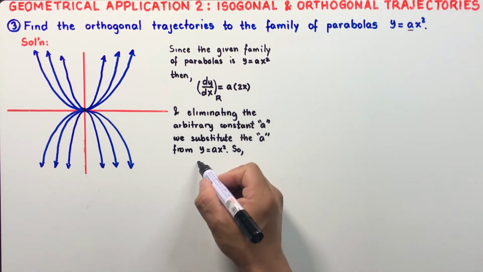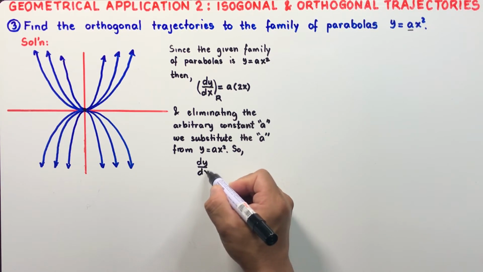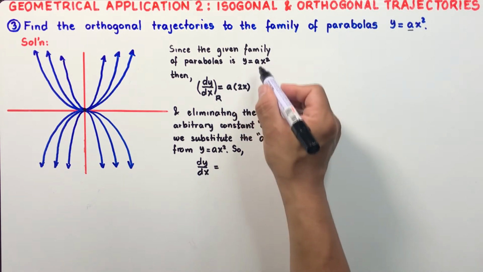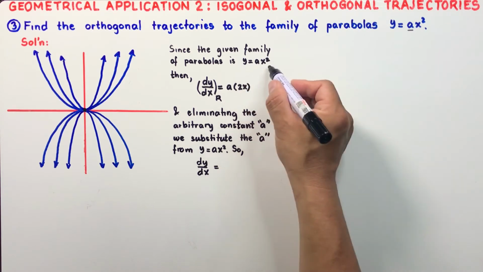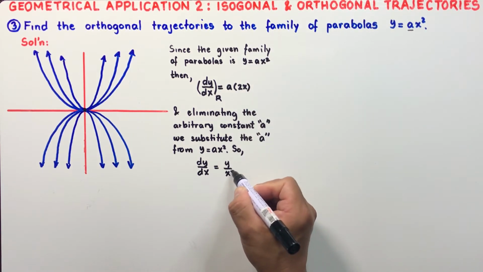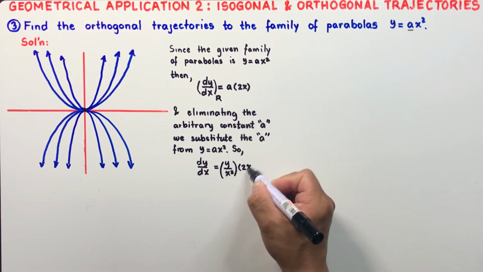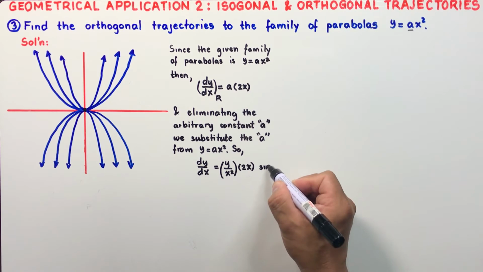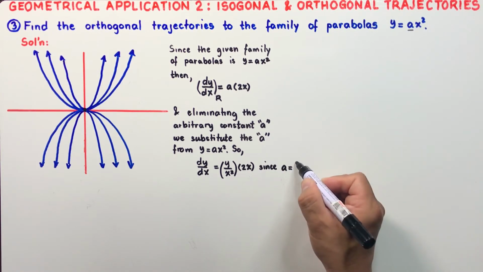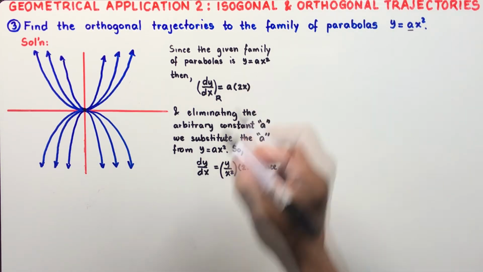So we have the derivative of y with respect to x, which is equal to a, but our a must be taken from this given family, which is y over x squared. This is multiplied by 2x, since a is just equal to y over x squared from this equation.